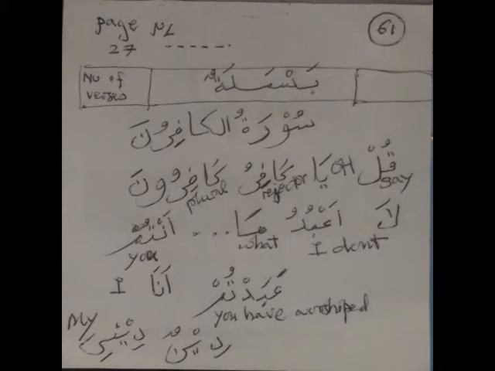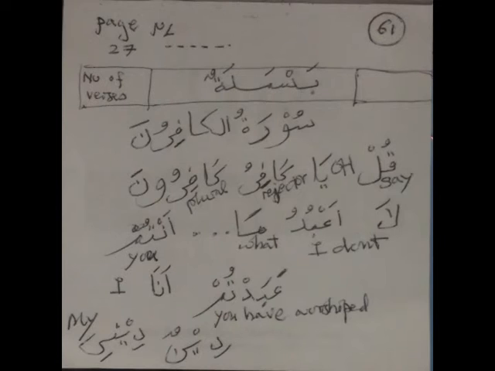The page number I have there is from the Qaida al-Baghdadiyya, page 27, where you will see Suratul Kafirun. Here you see the singular command, Qul, say. We did that. Ya ayyuha, Kafir. Kafir is a rejector, so kafirun is plural for rejectors.